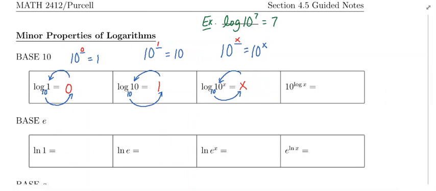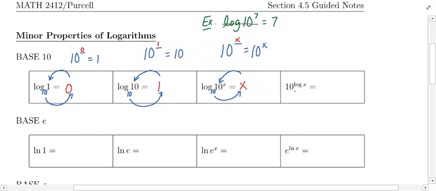The last base 10 property here is kind of the same thing, but in the reverse order. If I have 10 raised to the log of x power, this one's a little trickier to think about, but remember what I just told you. 10 and log are side by side, so they're going to cancel out, and the answer is just going to be x. Now keep in mind, if I had something separating them, so maybe if I had 10 raised to the 3 times log x power, they would not cancel.